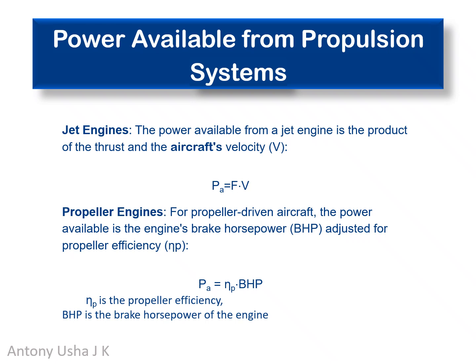So P_A equals eta, the propeller efficiency, times BHP. The propeller efficiency accounts for how well the spinning propeller turns engine power into thrust. Jet engines produce thrust directly, and power increases with speed. Propeller engines rely on rotational power, which is limited by propeller efficiency.